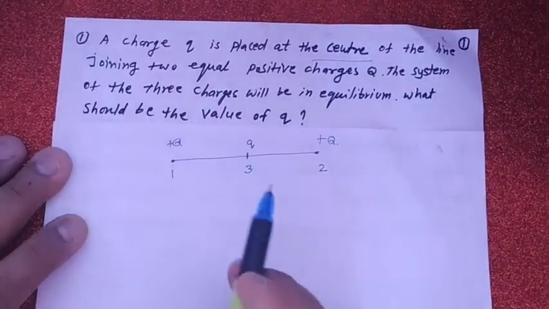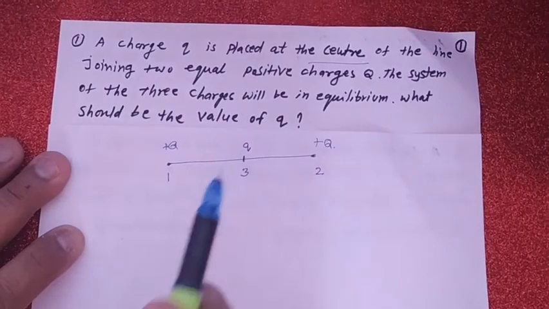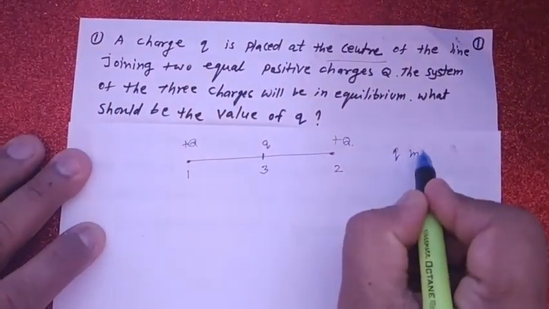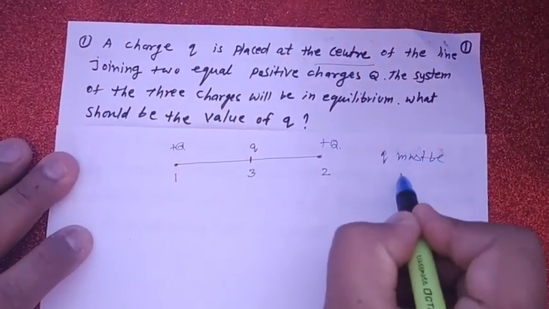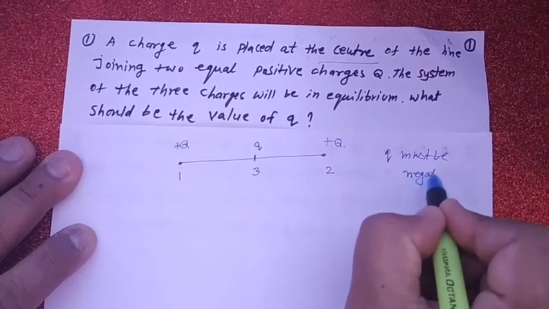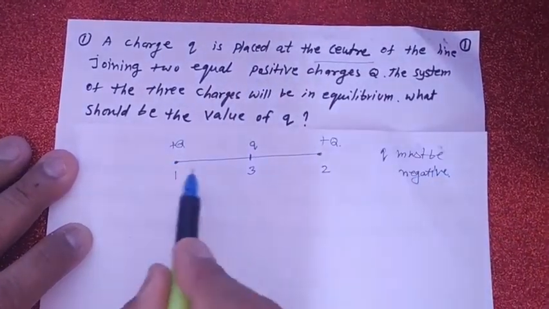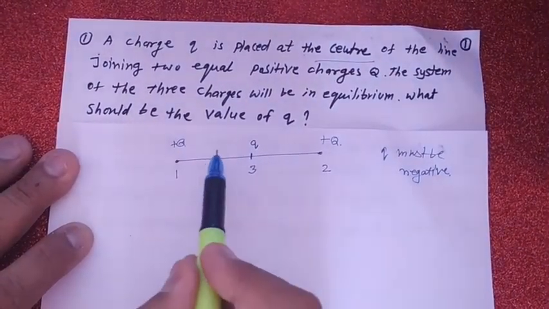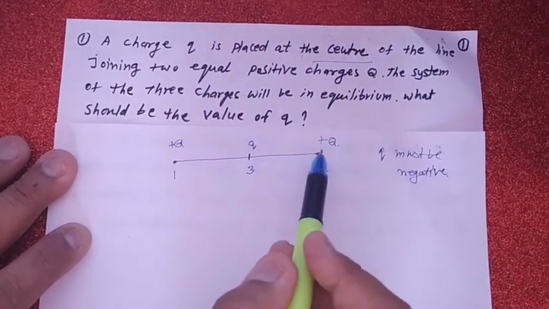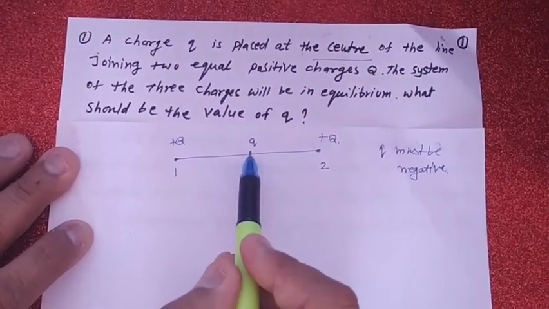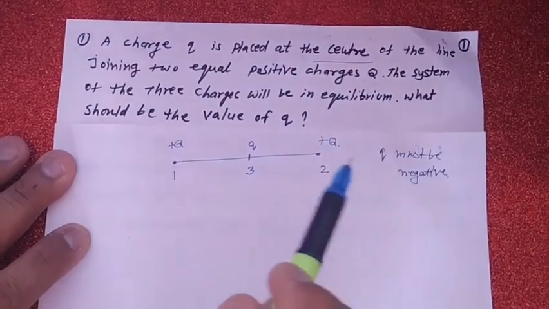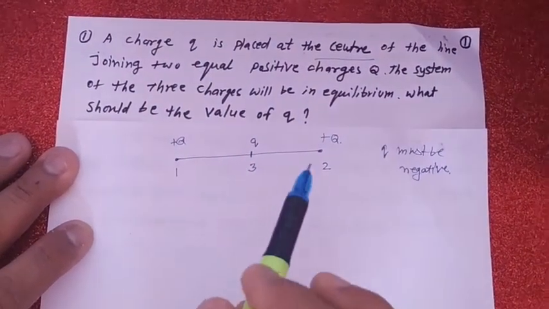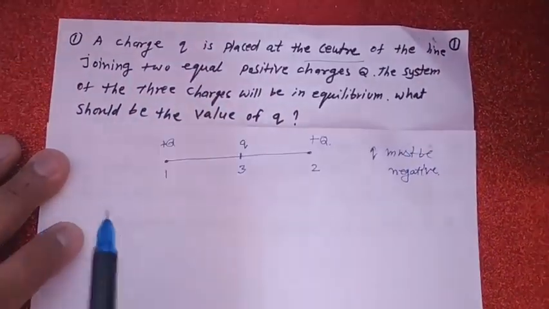But very important, this q must be negative. So this charge applies a repulsive force and this charge will apply an attractive force. So two forces will be cancelled and the system will remain in the condition of rest.